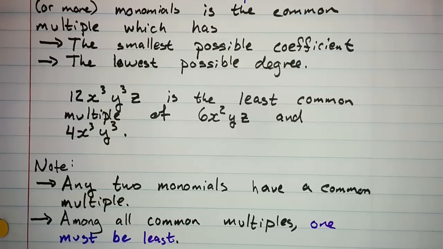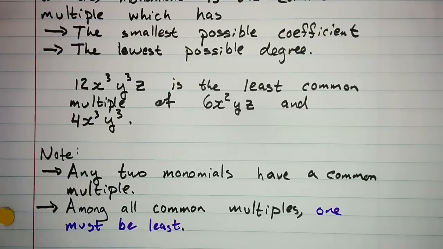That's harder to see than it is for the numbers because we can't just write all of the common multiples in order, because we can't really write all of the monomials in order. But there will be one unique least common multiple for any pair of monomials you pick, or any list of more than two monomials you pick.